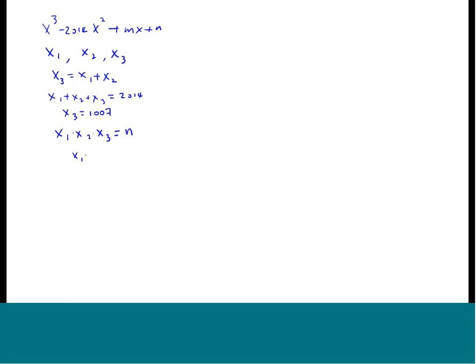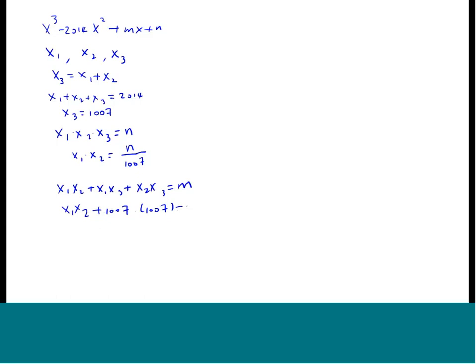Then x1 times x2 equals n divided by 1007, right? Then x1 x2 plus x1 x3 plus x2 x3 equals m, right? Then you have x1 x2 plus 1007 times x1 plus x2, which is also 1007, equals n.